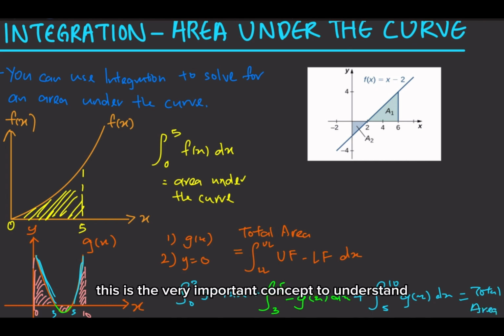This is a very important concept to understand if you want to solve the area under a curve, especially when it comes to curves where there are two or more functions, right? So let us move into a practice question, and after that we'll try to develop our sense for how to solve such questions.